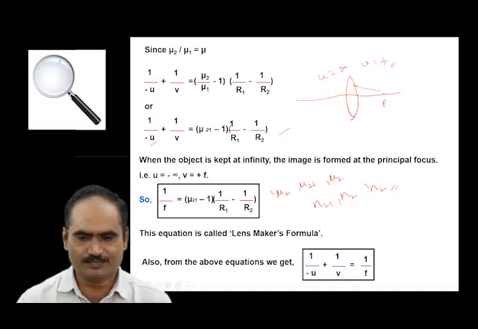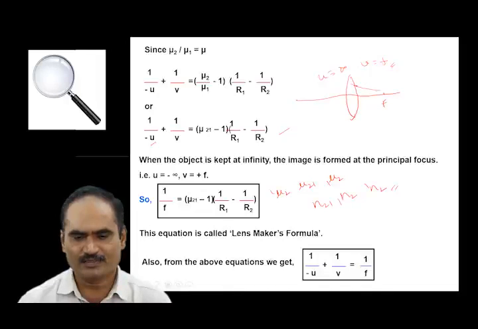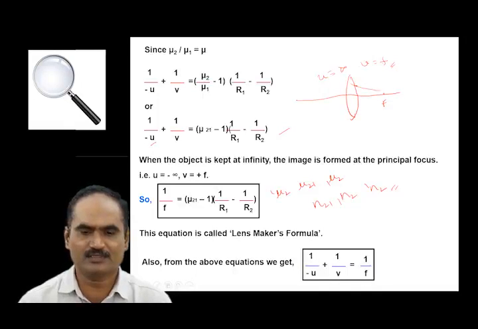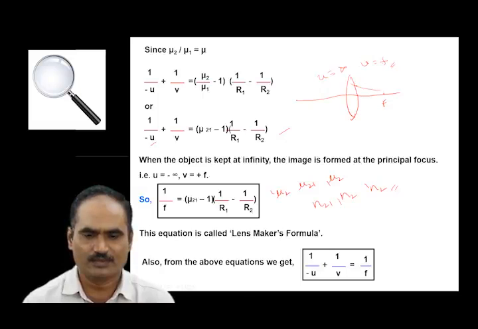So then otherwise by taking this here, 1 by minus u plus 1 by v as 1 by f, you can get this equation, mu2 with respect to 1 minus 1. So this equation is called the lens maker formula. And any lens maker has to use this so that he can prepare a particular focal length.